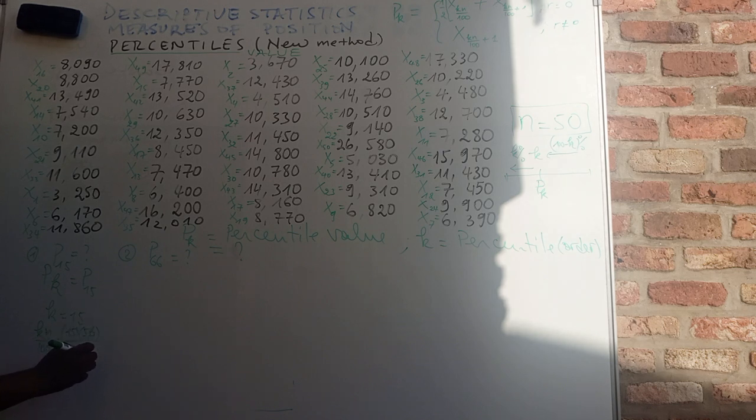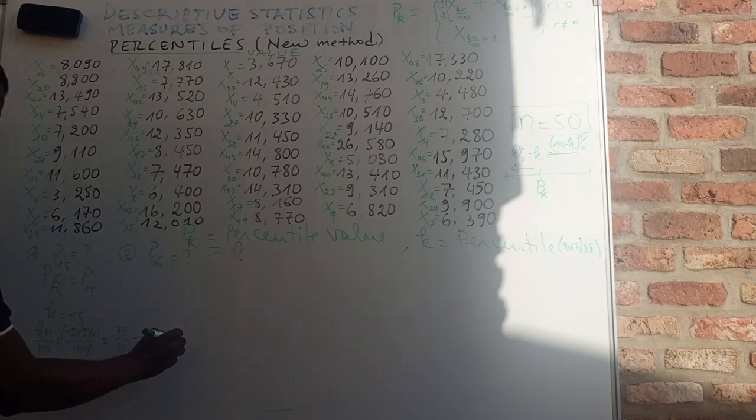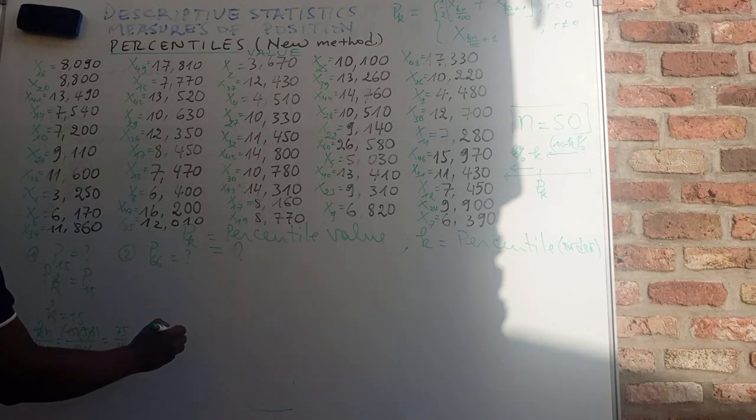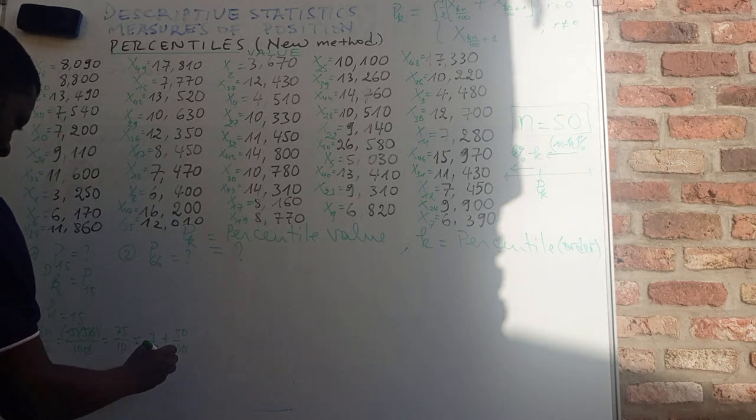I may simplify and get 75 over 10, which is 7 plus 5 over 10, like 50 over 100.